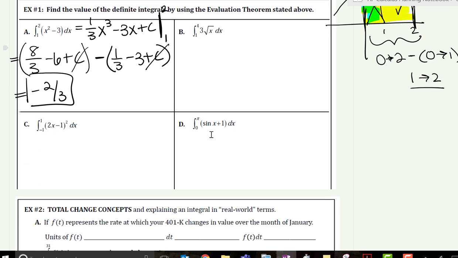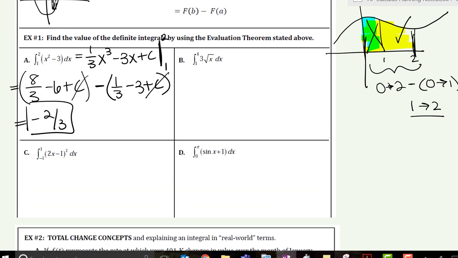Let's do a sine one really fast here. When I integrate this sine curve, I'm going to get negative cosine of x plus 1x. I'm going to keep that plus c just because I like doing that. And we are integrating from 0 to pi.